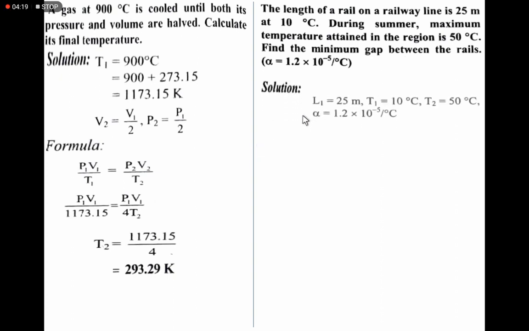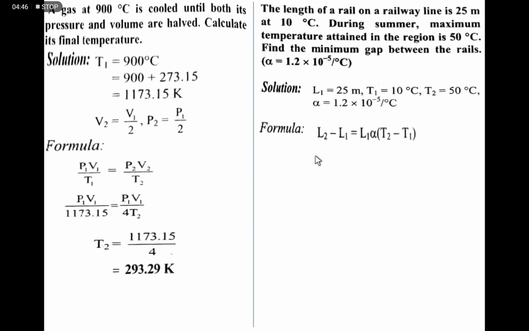So given L1 is 25 meter, T1 is 10 degrees Celsius, T2 is 50 degrees Celsius, and alpha is 1.2 into 10 to the power minus 5 per degree Celsius. Alpha is the coefficient of linear expansion. We already learned about this.